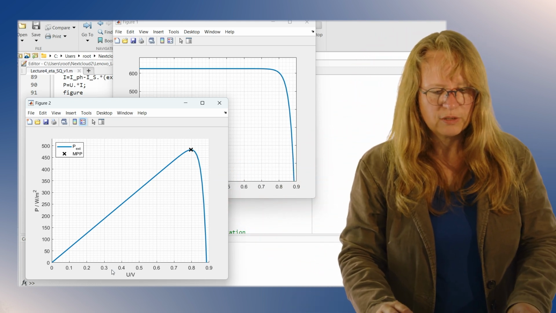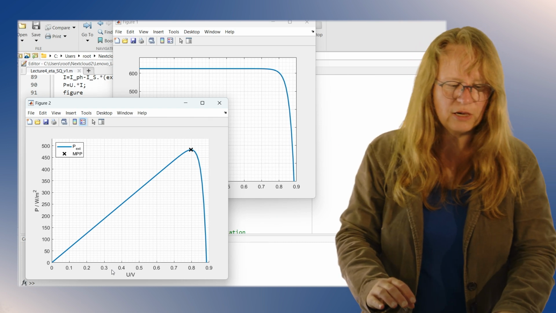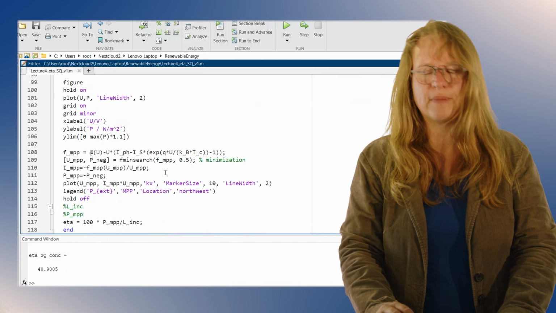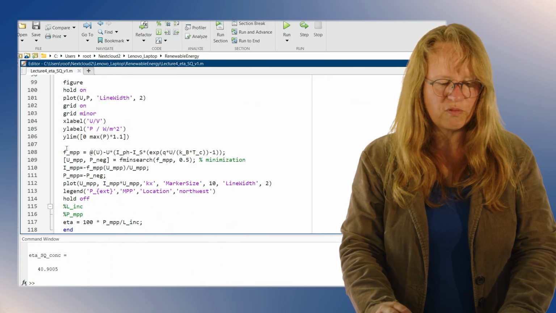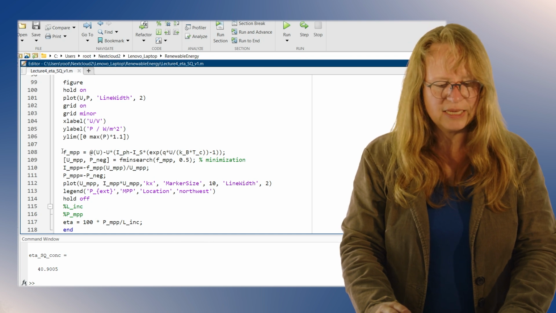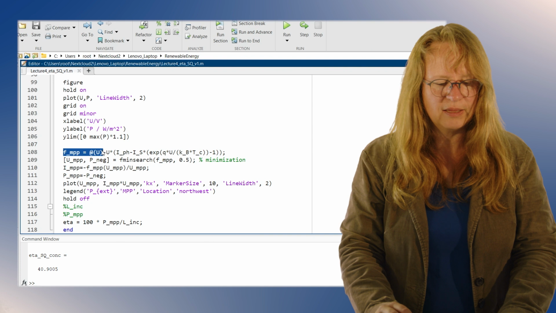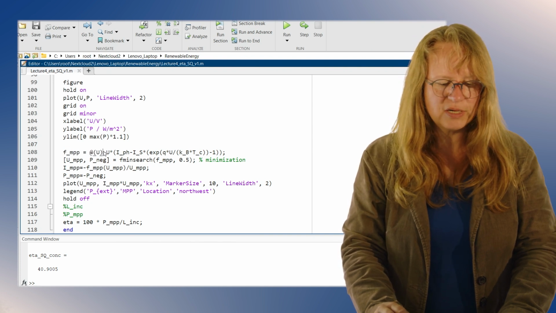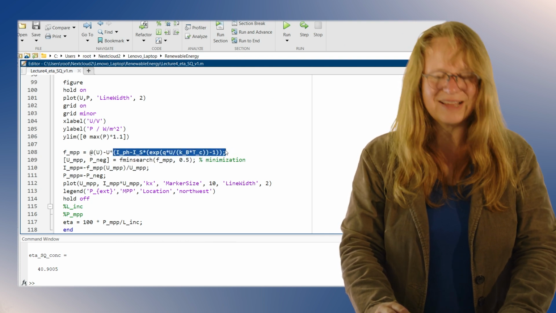Okay, so after plotting all of this, I calculated the maximum power point. I just show you this. So the calculation of the maximum power point I do by first of all defining a function with one variable u, and this is just the negative of the power. So I multiply minus u with the current here, and then I do an fmin search to find the minimum of this negative of the power.